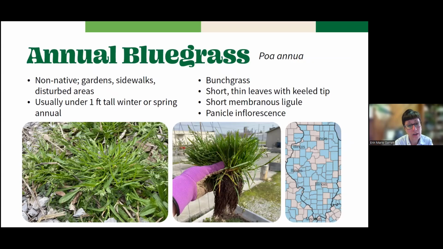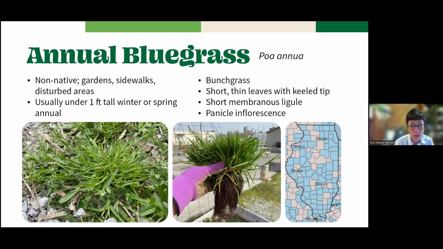So this one can green up and start growing very late fall or early spring, late winter, and then be blooming. If I remember correctly, this photo with my glove was in like February in Southern Illinois, and it was already in flower. So very early grass. You can see it is a bunch grass, and it has those same characteristics.